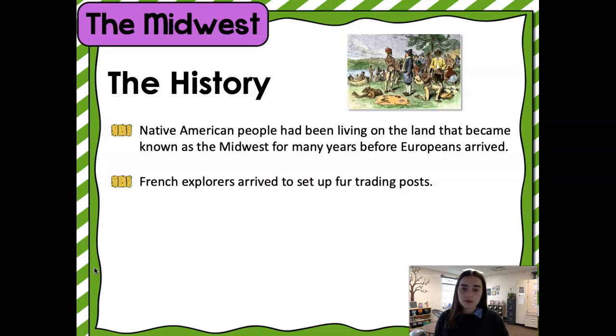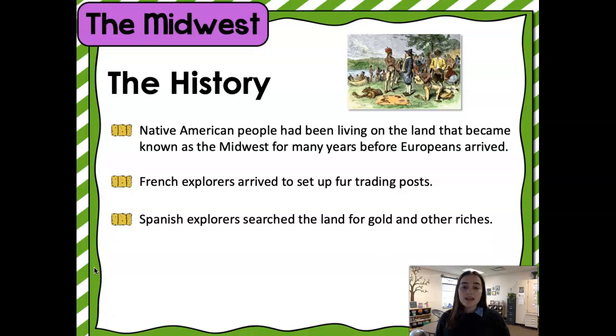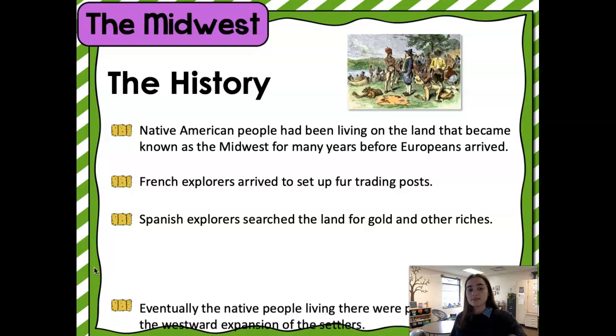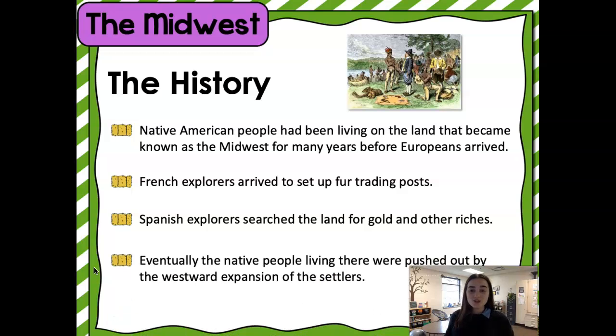First, French explorers arrived to set up fur trading posts. Fur was a very, very big product for people living in the Midwest. Then Spanish explorers searched the land for gold and other riches. Because of this, eventually the native people living here were pushed out by the westward expansion of the settlers.